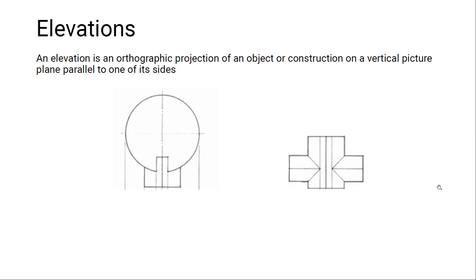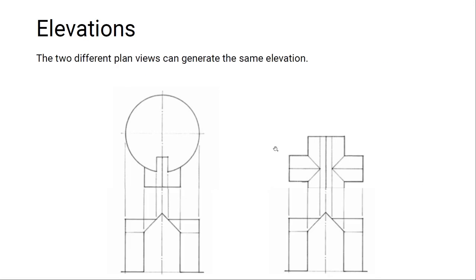So elevation, as I mentioned before, is like viewing from the front, from the sides, and it's this vertical plane view. In this case, all you will simply do is take your object or design and bring it down, bringing some lines.